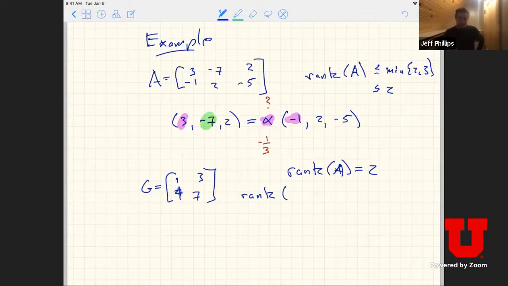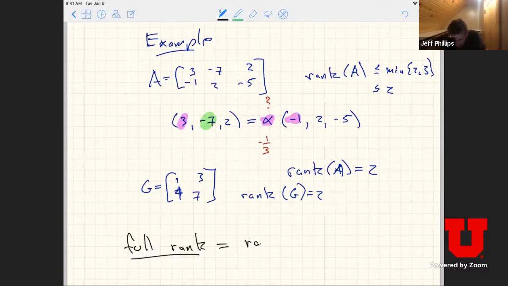Both of these matrices are examples of matrices which are called full rank. These matrices are full rank, and that is if the rank of A is equal to the minimum of N and D. So I take whichever is smaller, and it's the same for G, but it's different for A. There are only 2 rows, so N is equal to 2.